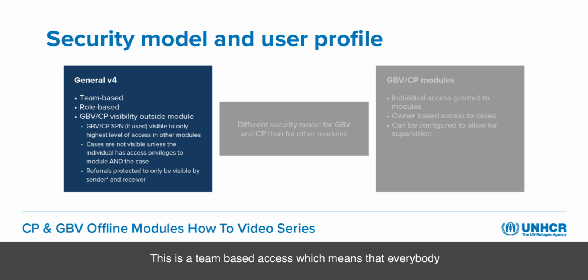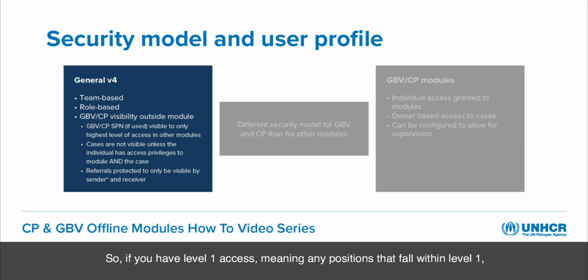This is a team-based access, which means that everybody who has access to the registration module will be able to see all of the cases within the registration module. The same is true for those in resettlement or in RSD. Now, the amount of information that is available would be determined by your role, and generic profiles are given for the different levels.